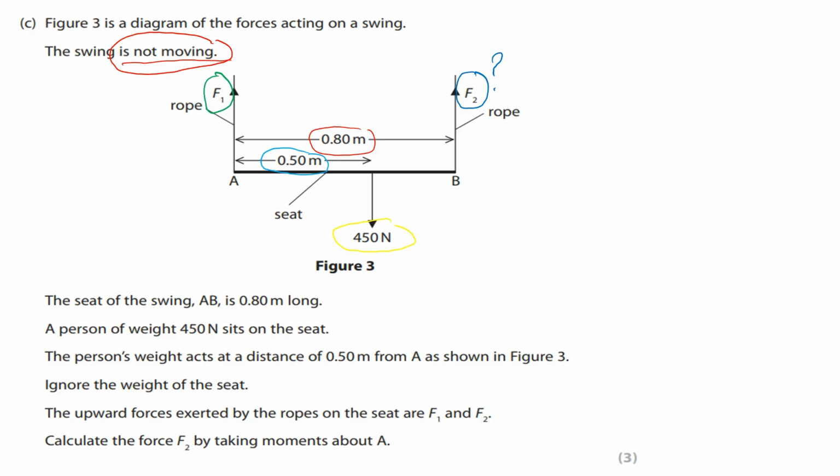So now for it to be in equilibrium, it means we have a clockwise moment and an anti-clockwise moment. So the first thing we're going to do is identify the clockwise moment and then the anti-clockwise moment.